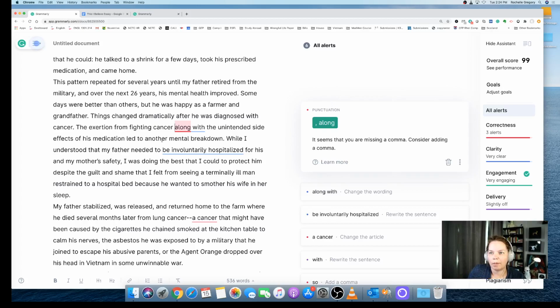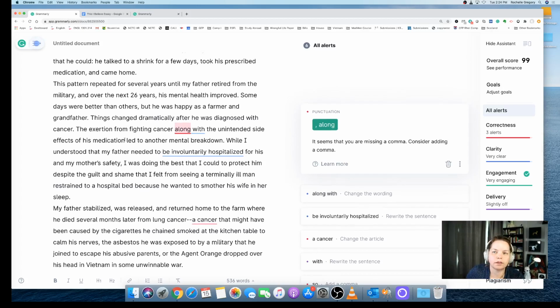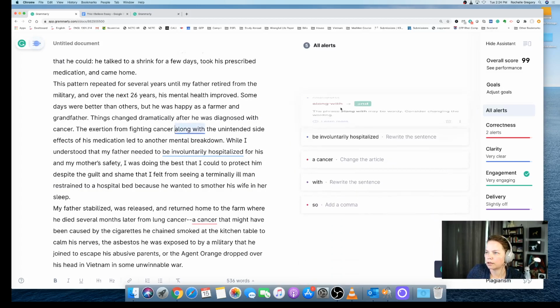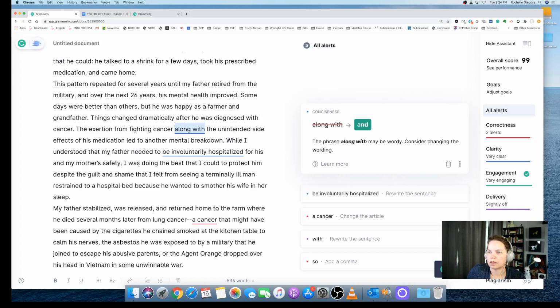But if I add a comma here, I would have to also add a comma there, and I don't want to do that. So I'm just going to ignore that comment. All right. And now it's saying I could change along with to and.